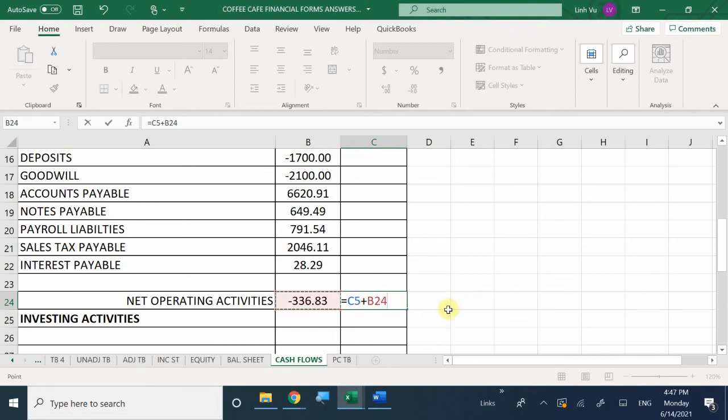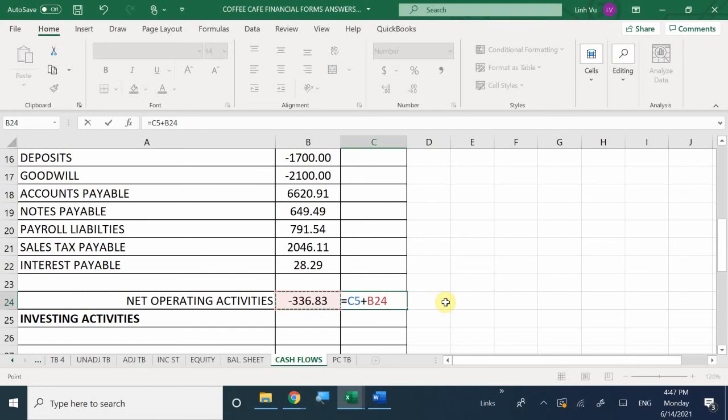For goodwill, where did you get the 2,100 at? I self-referenced it from my adjusted trial balance, but that's what it originally cost me, 2,100. Since I already added back my amortization expense, I need to add the goodwill at its historical cost value. Okay, got it.